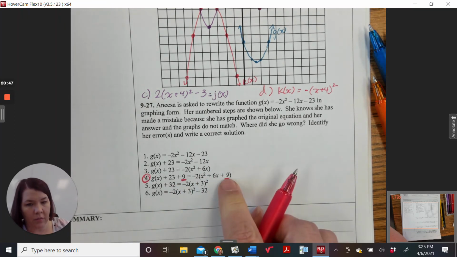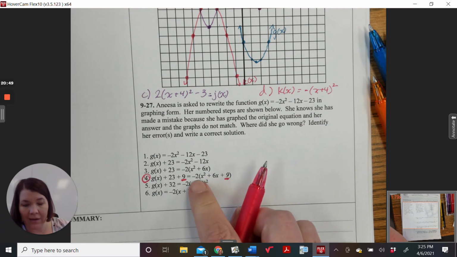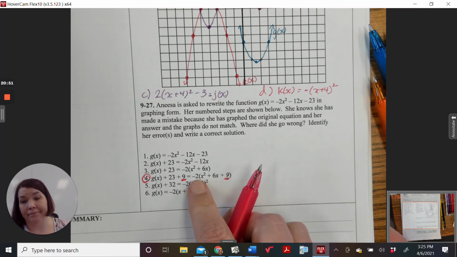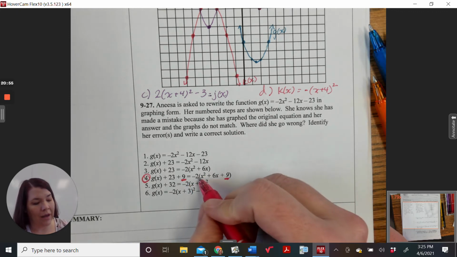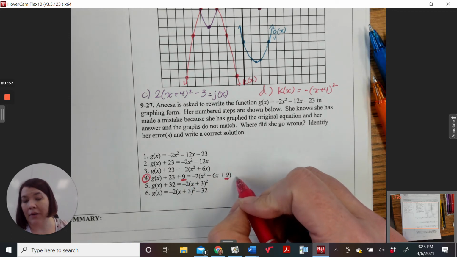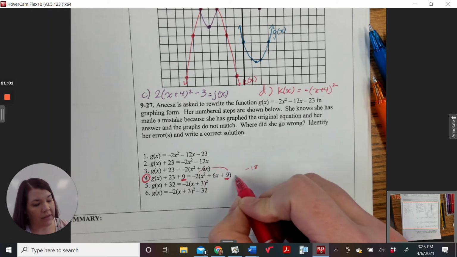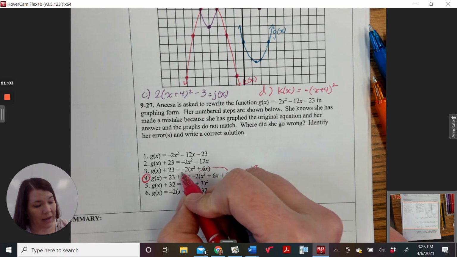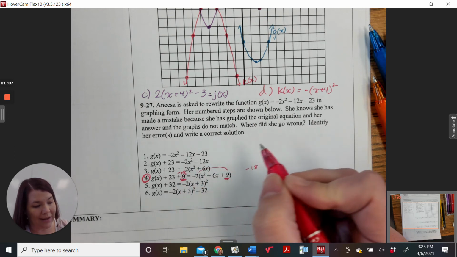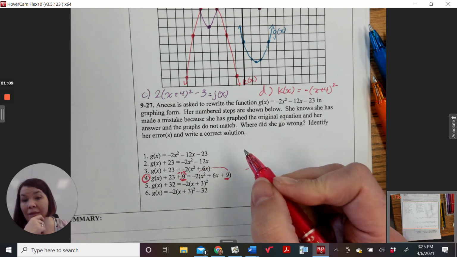So yes, we add 9. Negative 2 times. So really, I've subtracted 18 over here. If I distribute this 2, it's actually negative 18 on this side. So this needs to be 18, not 9. And it needs to be negative. And that's really weird.